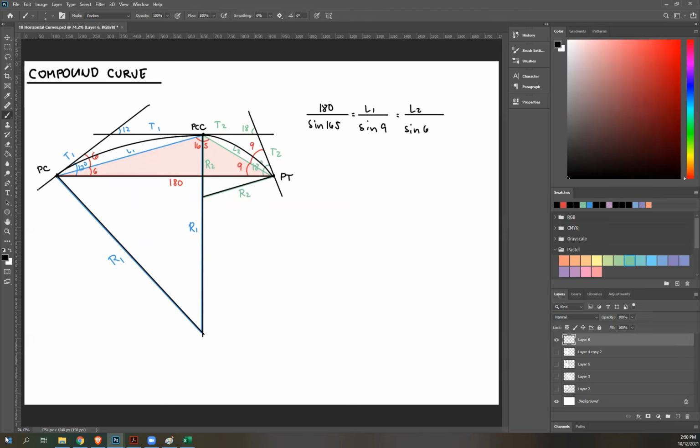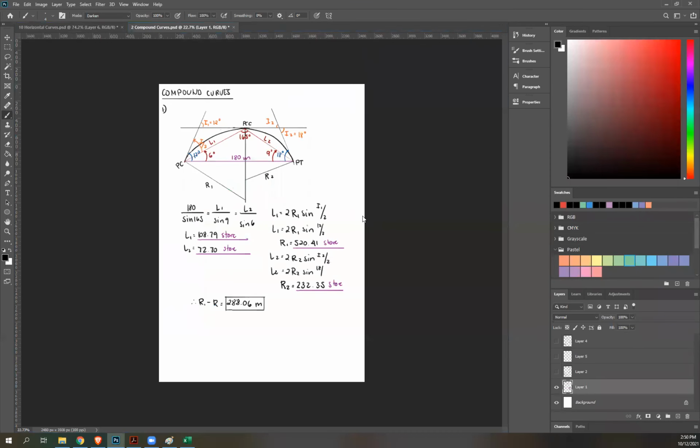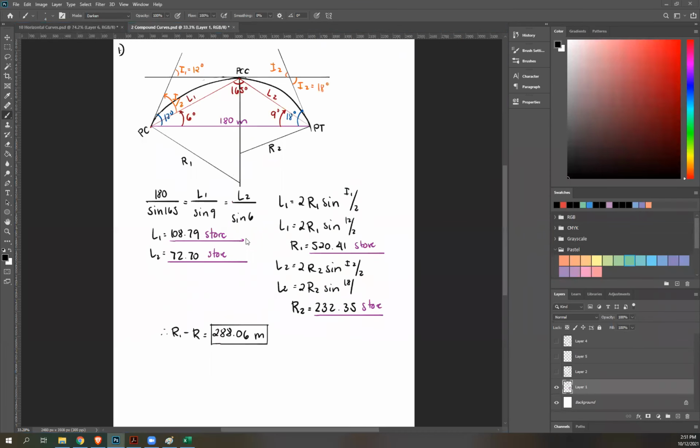Okay, since we're out of time, I'm just gonna show you the answers. So doing that, L1 is 108.79, L2 is 72.70.